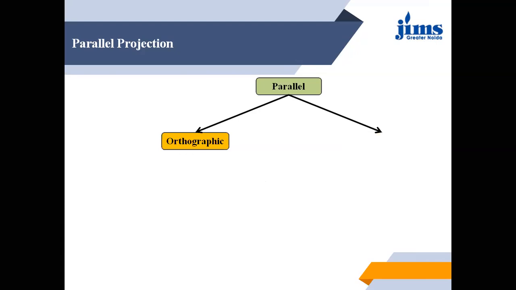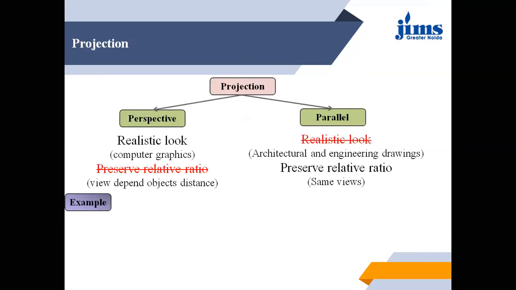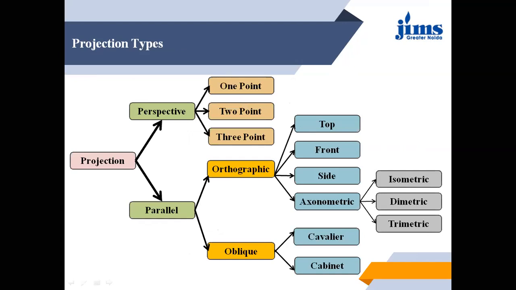From the last slide, we discussed all the projections, but in parallel projection we will start from here and see it again one by one. So presently we are starting from parallel projection.